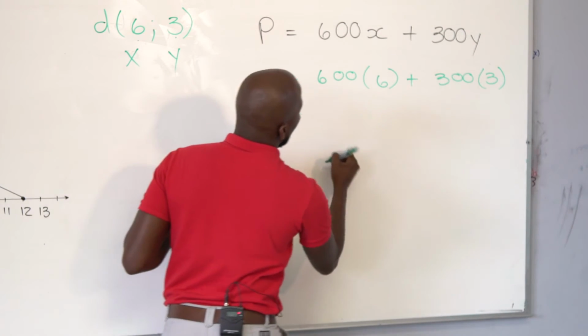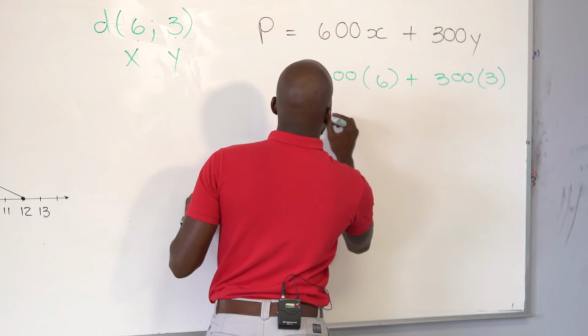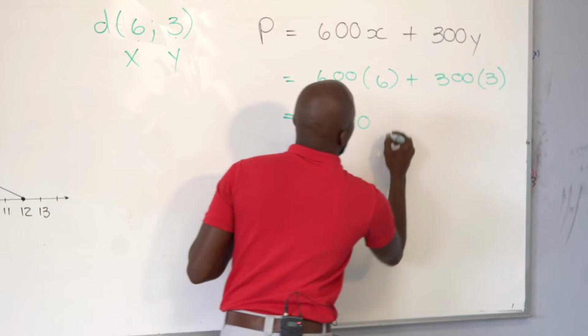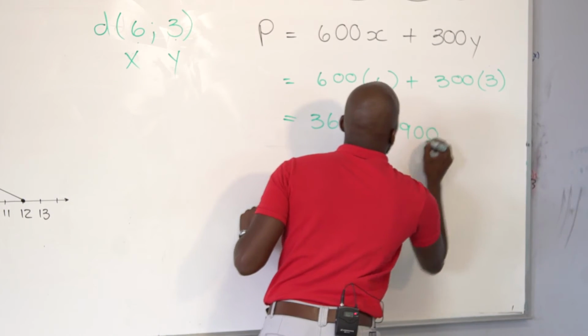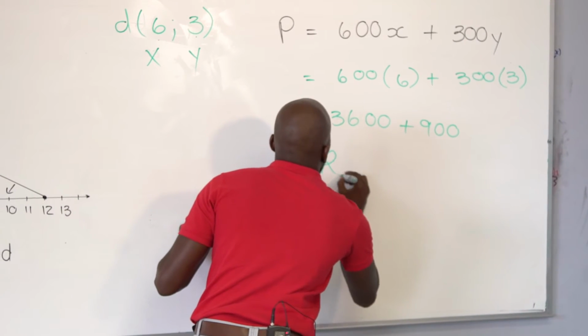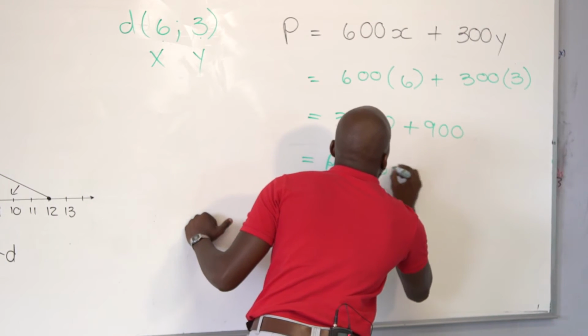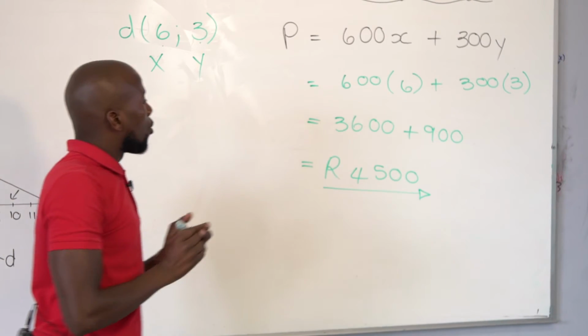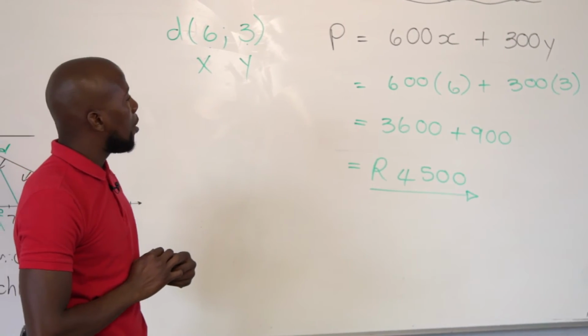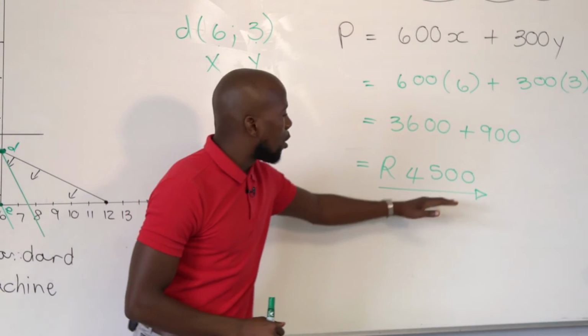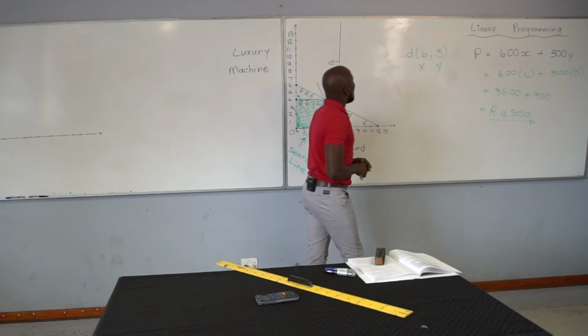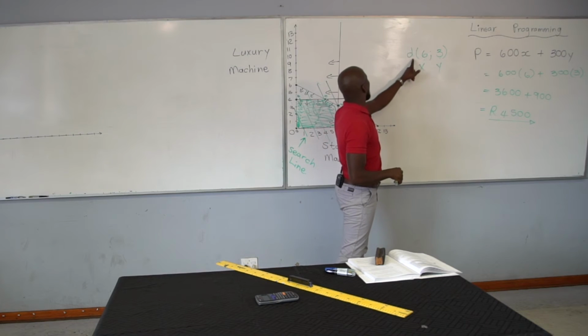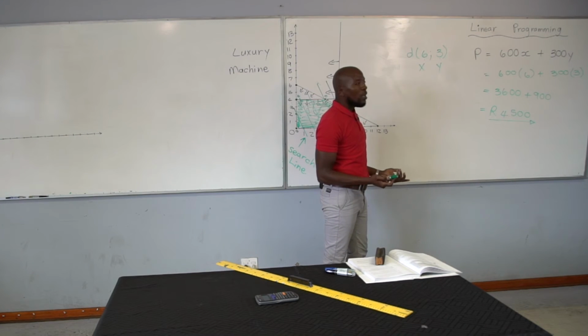Solving this, you'll realize that the maximum profit would be 4,500 by using point D. What does this mean for you and I?